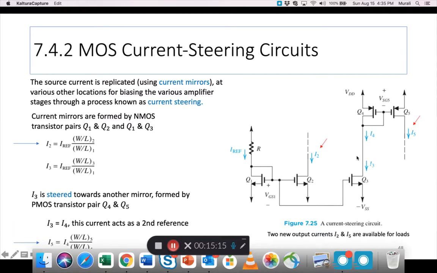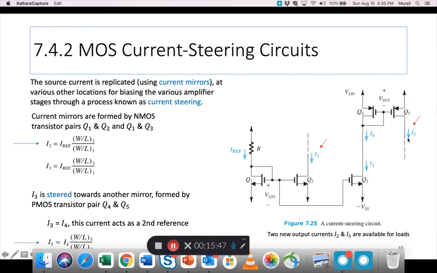So this I3 was created from here, but for this mirror pair, Q4 and Q5, the I3 behaves as a reference, and then you can duplicate the I3's value, which actually I4 is also shown, but I4 equals I3, same thing. So you get I5, which is a second current, which is available to go somewhere else into the circuit for other uses.